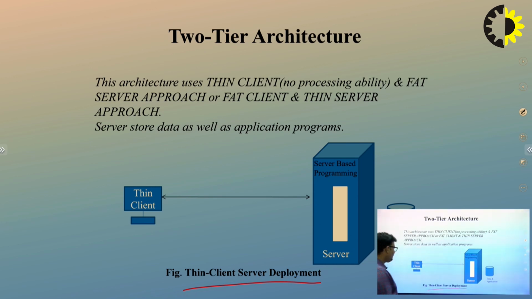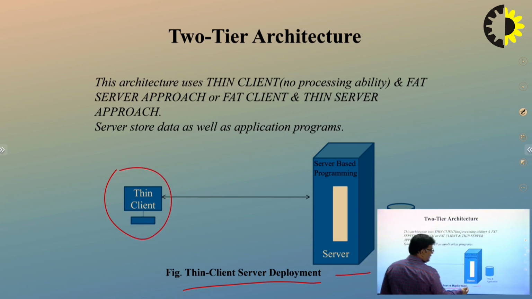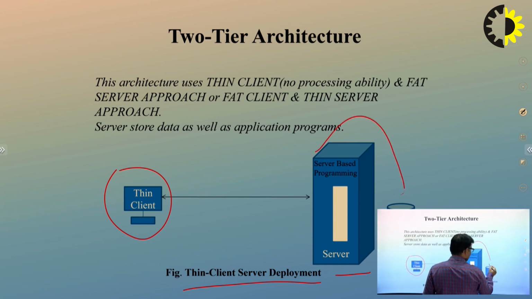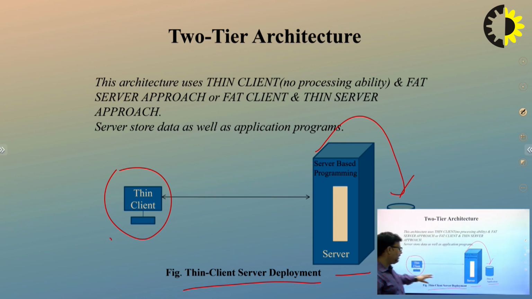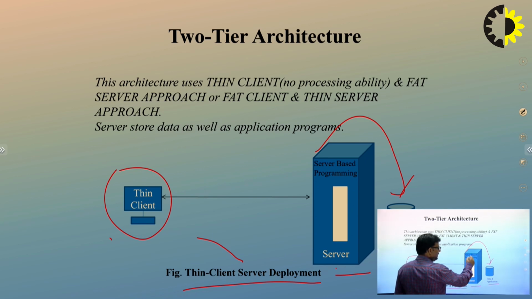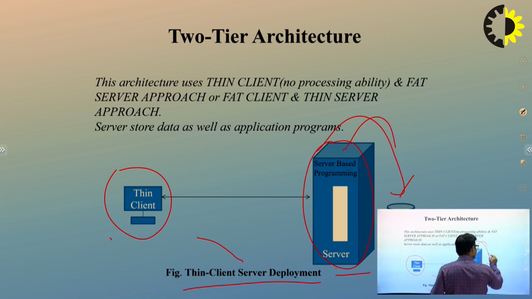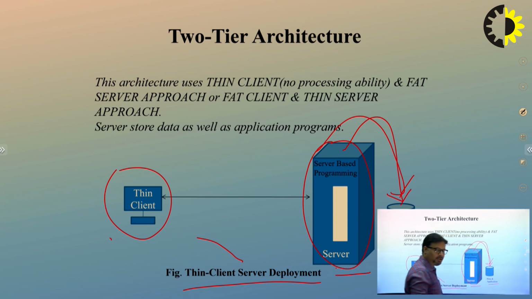So here, this is the client and this is the server, and the server-based programming is also connected with the data and application. It's called a database. The client sends a request to the server, and the server receives the request, searches for information related to the request, and finds the answer in our database.